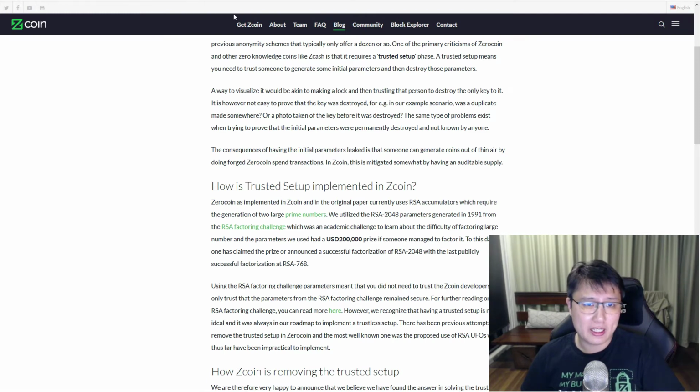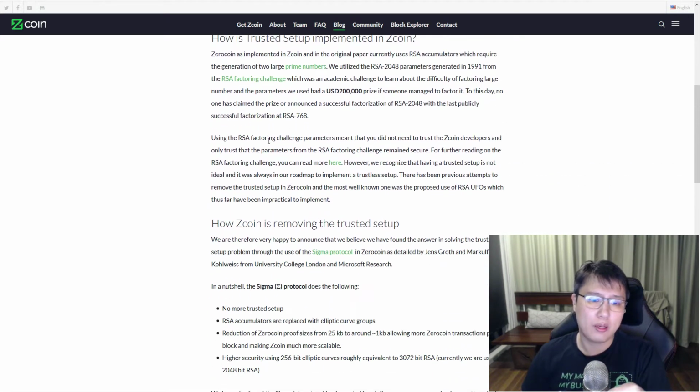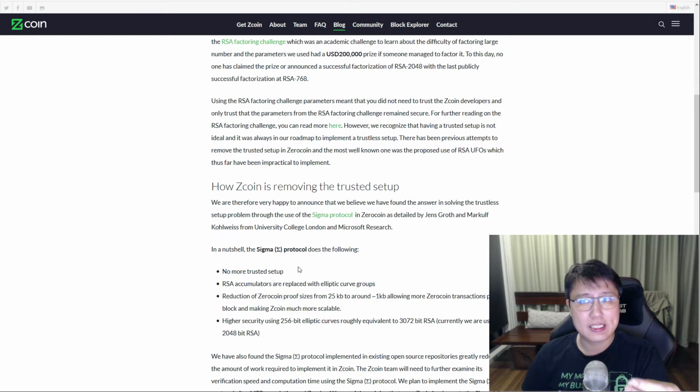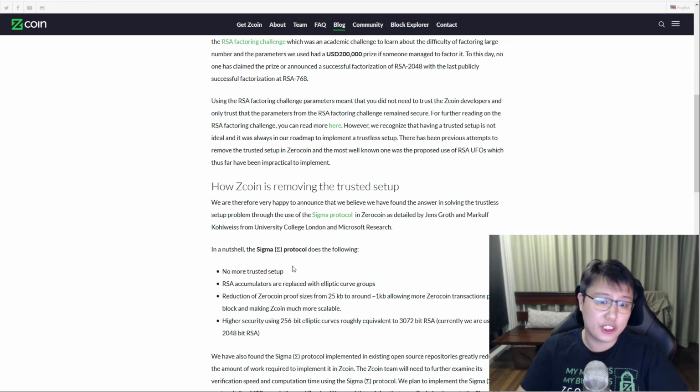The second thing that's really good about Sigma is that the proof sizes are really small. Remember, Zerocoin proof sizes are about 25 kilobytes, which is 50 times larger than a typical Bitcoin transaction. It's pretty large, and if you have thousands of transactions per block, it really adds a lot of bloat.